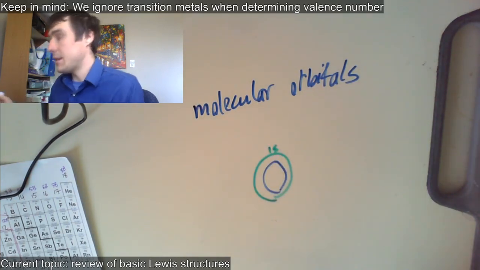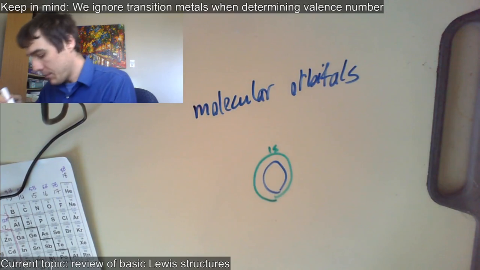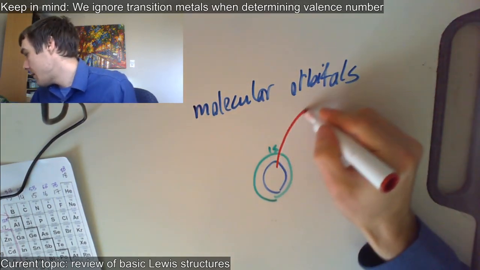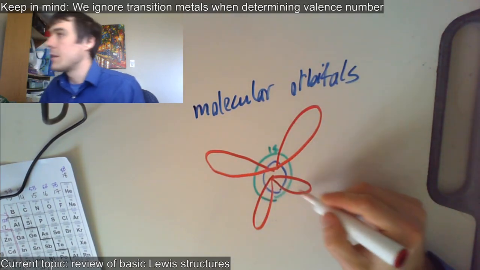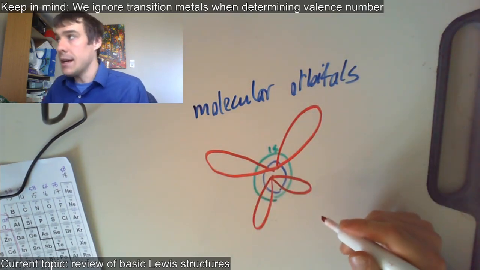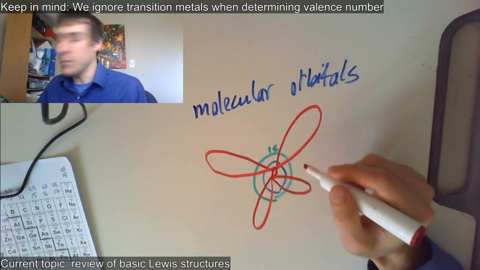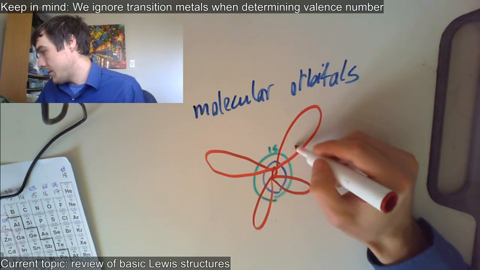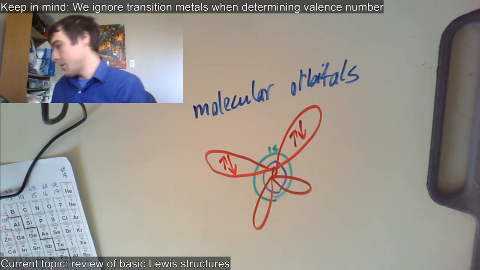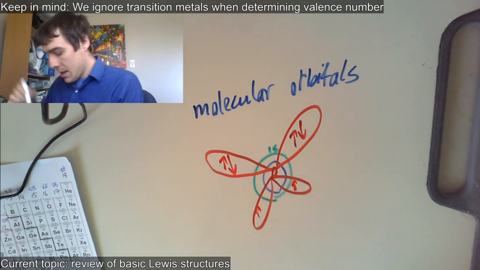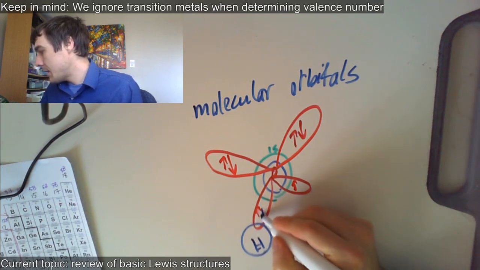But now, instead of having the 2s as a sphere and then the 3 different 2p's, you actually end up with 4 equal sp3 orbitals, and two of them are full of oxygen's original electrons. 2 of them were half full, and then hydrogen would have come in with its s orbital and contributed the other one.